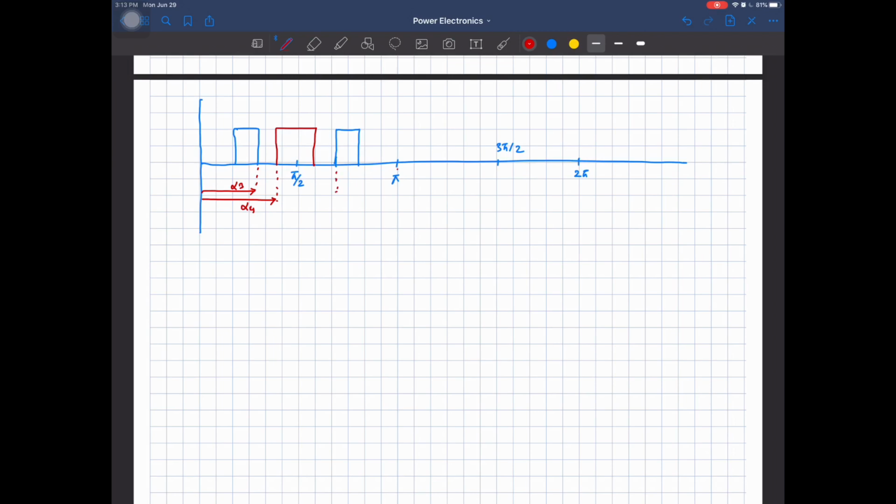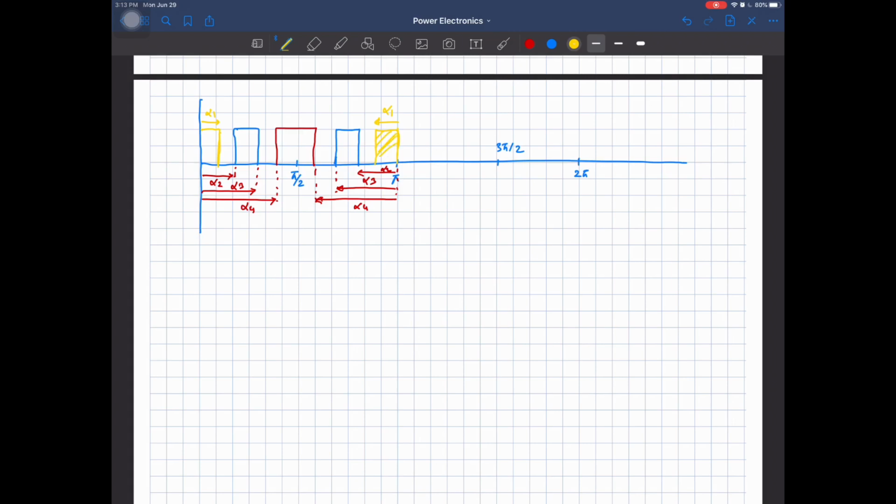Similarly, this angle from here will also be equal to alpha 3, and the angle of this notch from this center point will be equal to alpha 4, and the angle of this point will be equal to, let's suppose, alpha 2, and this angle is equal to alpha 2. And now if I draw the last edge, let's suppose this one, the same I will have to draw over here to keep the symmetry. So let's suppose that this angle is alpha 1 and this angle is alpha 1, right?